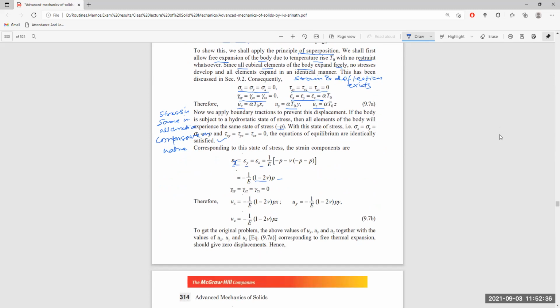Only the strain in the longitudinal direction exists. Therefore, Ux is equal to minus 1 by E into 1 minus 2 gamma into P into x.